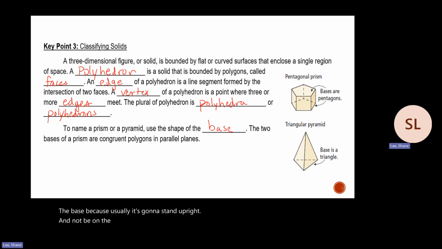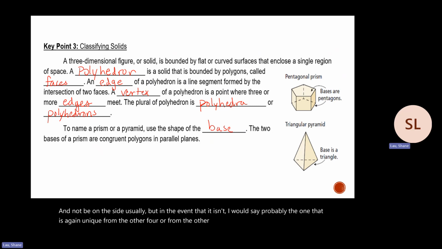Usually, but in the event that it isn't, I would say probably the one that is, again, unique from the other three, because there's only four triangles on a triangular pyramid, I would say probably the one that's not uniform with the rest of them. It's probably going to be your base. I don't think it's an exact science, but that's just what I'm thinking off the top of my head right now.